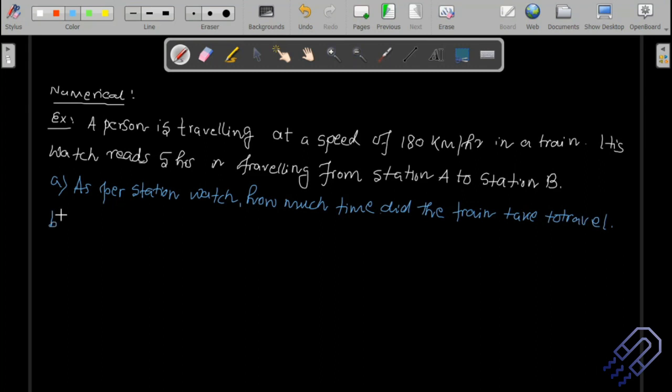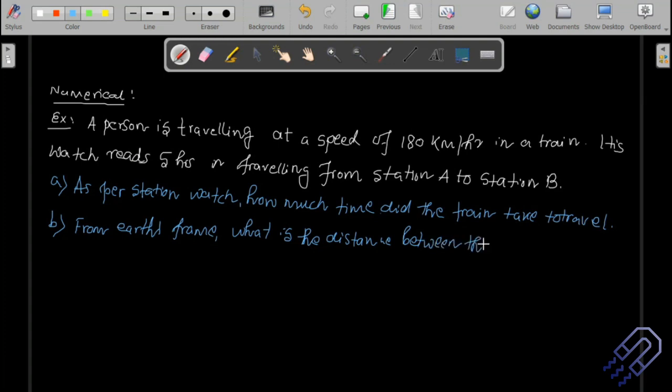And one more question is, we can also find out, from Earth's frame, what is the distance between the stations.